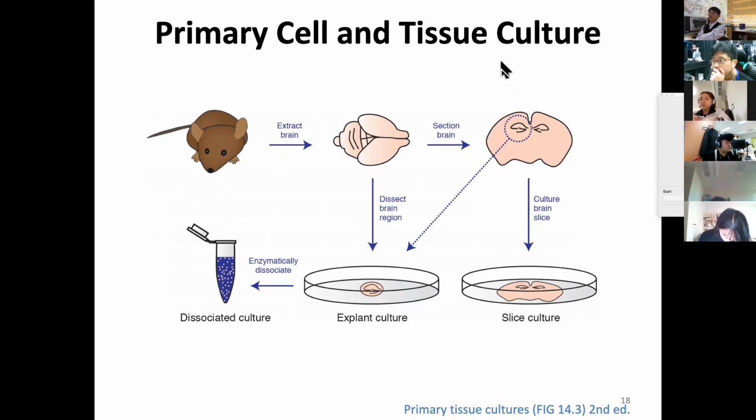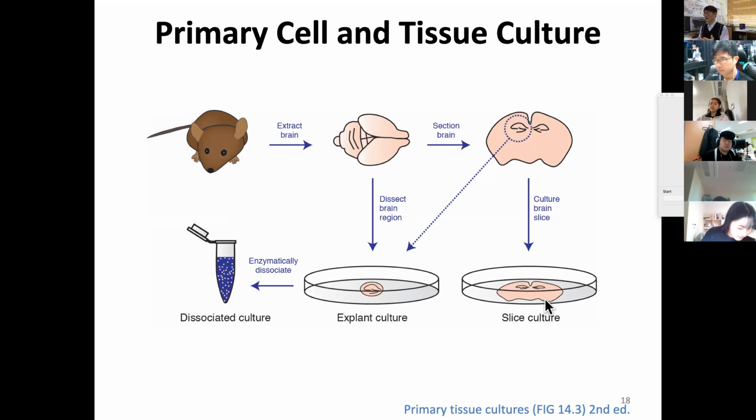Primary cell and tissue culture is what you've done in the demo. So extracting brain, you take out the brain, and then you sometimes section the brain of interest or dissect the brain region. And sometimes you have a hamburger steak of brain. It's like steak.